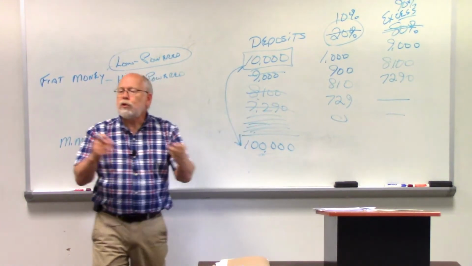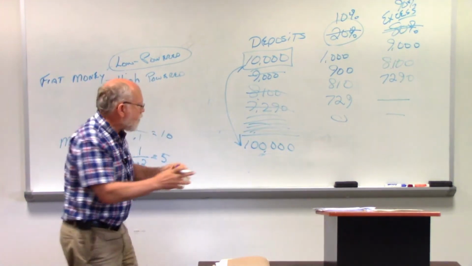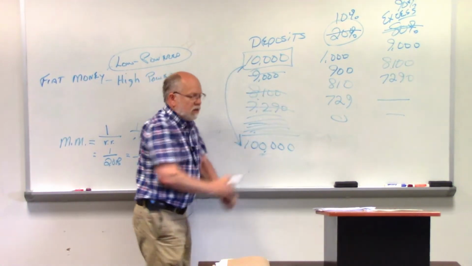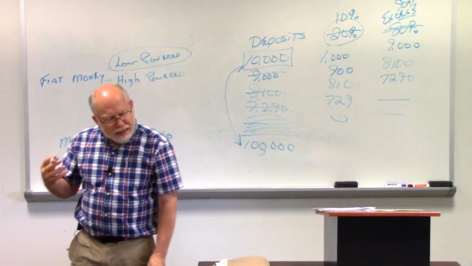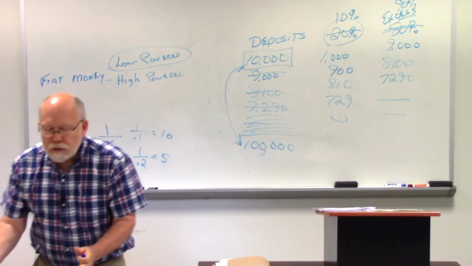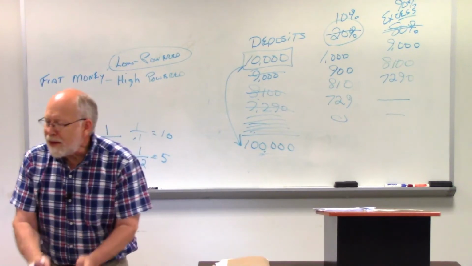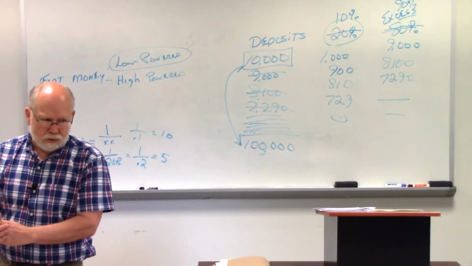The money supply will shrink all the way back from $100,000 to its $10,000, if the banking system allows those loans to be paid off and does not replace them with new loans.